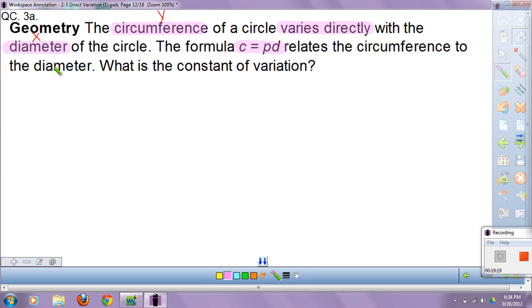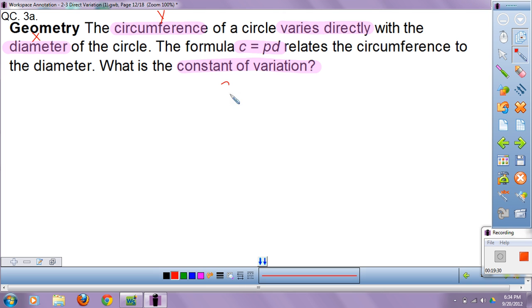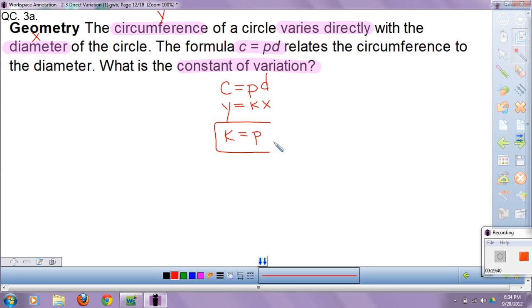It relates the circumference to the diameter. What is the constant of variation? So again, your equation for a direct variation is y equals kx. So your k in this case would be your p. So your constant of variation is your p.